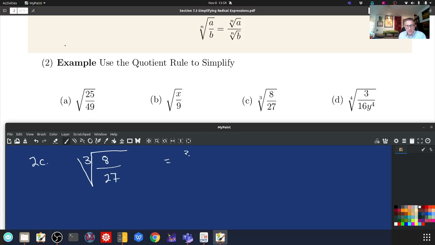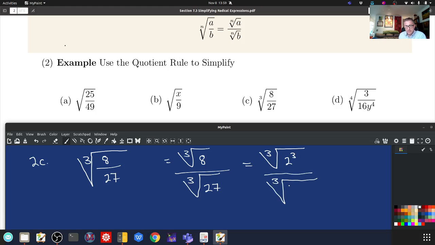Well, that's the cube root of 8 divided by the cube or the third root of 27. Either way is fine. Now in our previous example, we just learned that 8 is equal to 2 to the third. So I'm going to rewrite 8 as 2 to the third. And as it turns out, 27 is 3 times 3 times 3. So it's 3 to the third. So that's equal to 2 thirds.